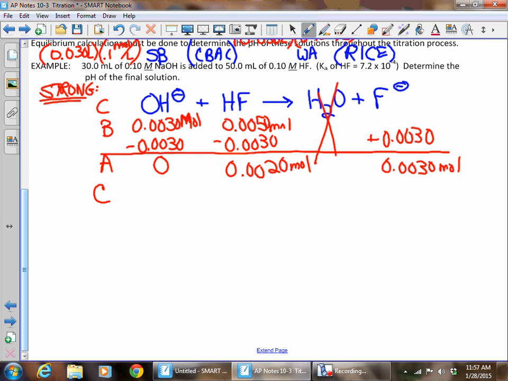And since we added together 30 milliliters of the base and 50 milliliters of the acid, we've now got 80 milliliters total, or 0.08 liters. So I'm going to divide both of these by 0.08, and I'm going to do that in a different color to show that's a little bit different step.